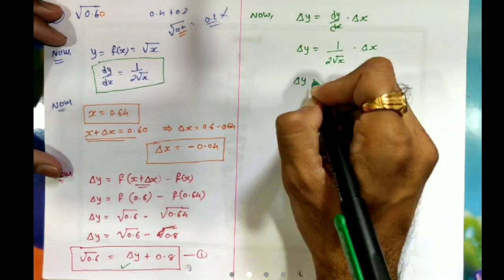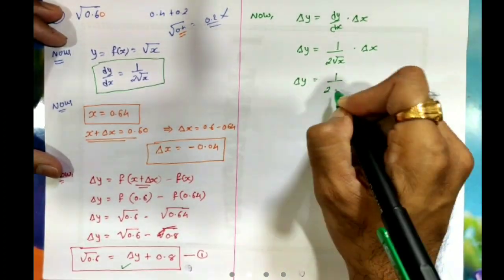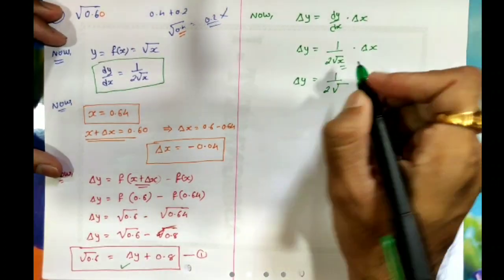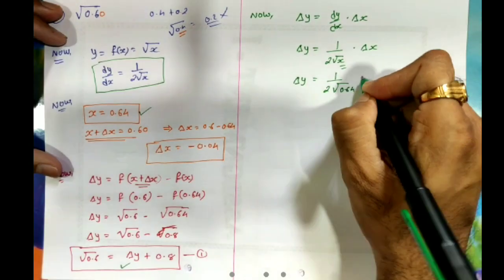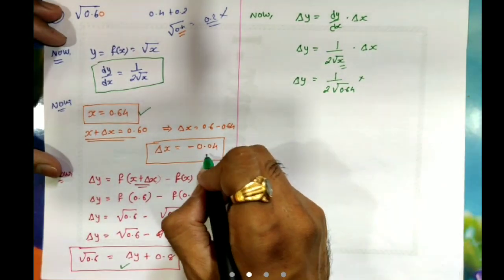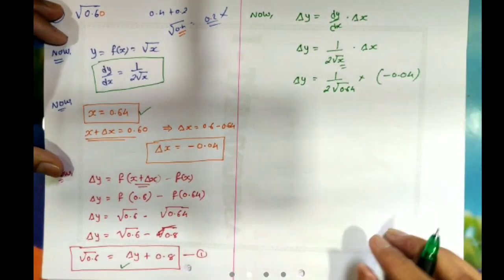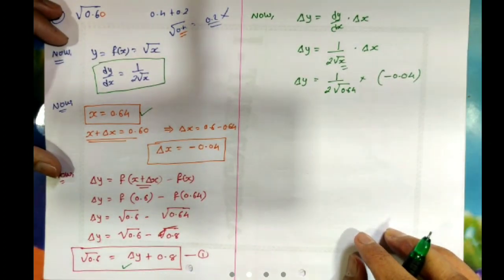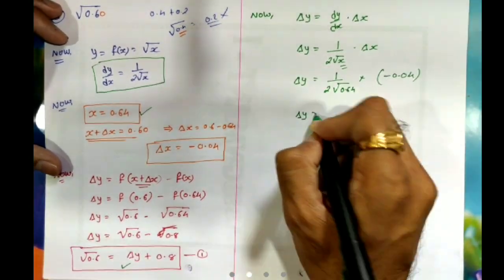Now put the values over here: 1 upon 2 root x, root x is our perfect x, which is 0.64, into delta x. Delta x is minus 0.04. Done.